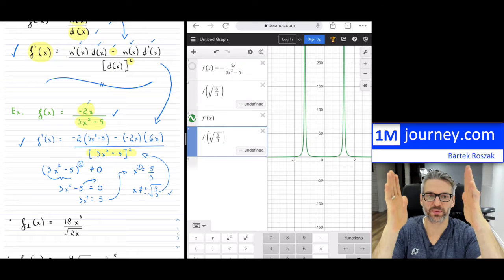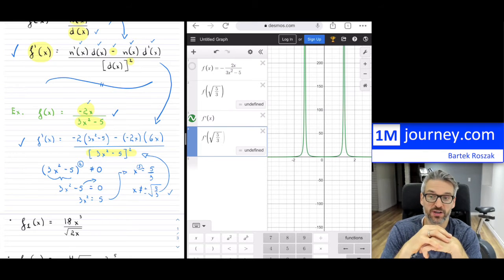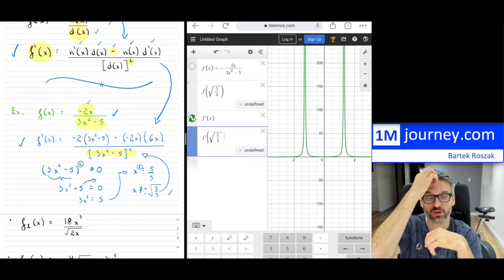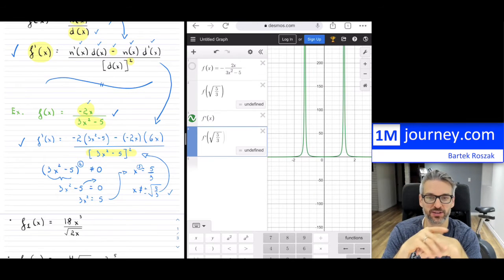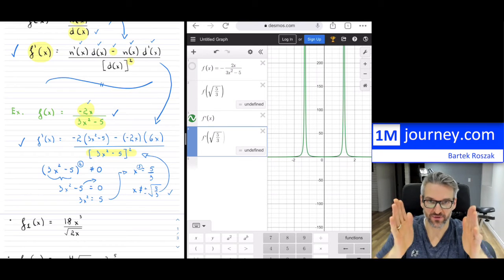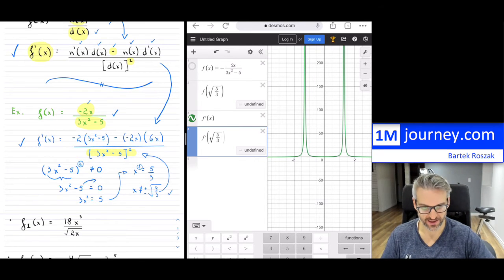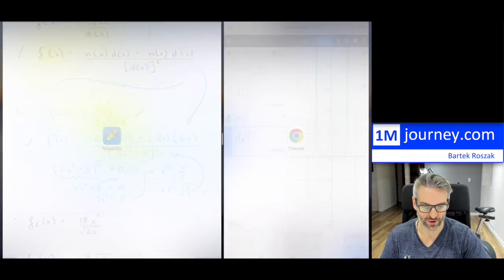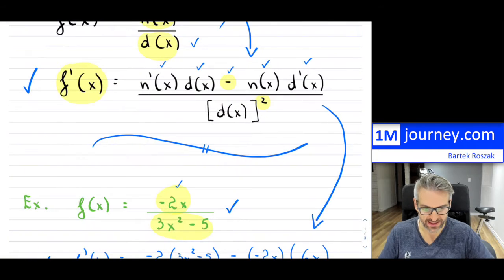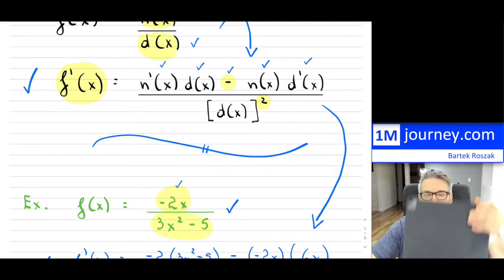That's why you see those peaks there, because the derivative is nothing else but a function, and it is telling us what the slope is at every single point. It turns out that it's just not defined in those two instances. So that is something you can look towards Desmos for if you ever wanted to see a visual.